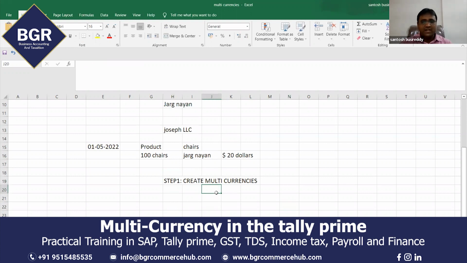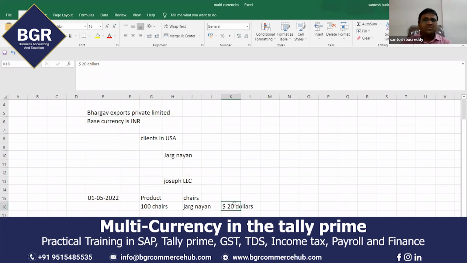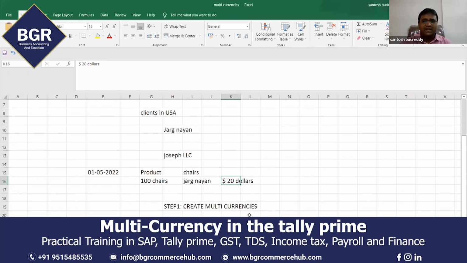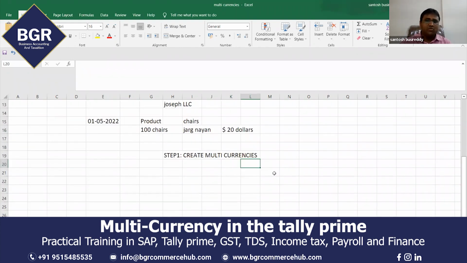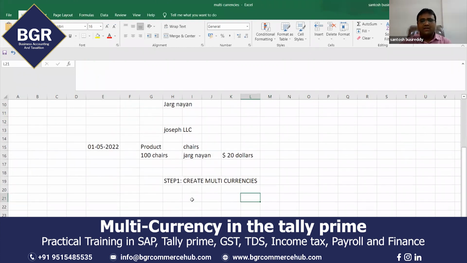How many currencies are you dealing with? I took only one example, dollars. Suppose you are exporting to different countries, like Singapore dollars or European euros. You can create any currencies. Presently I'm dealing with only the US, so I'm creating dollar.